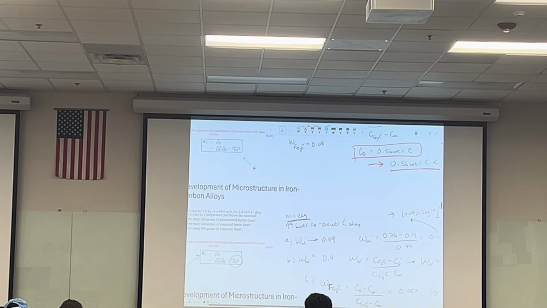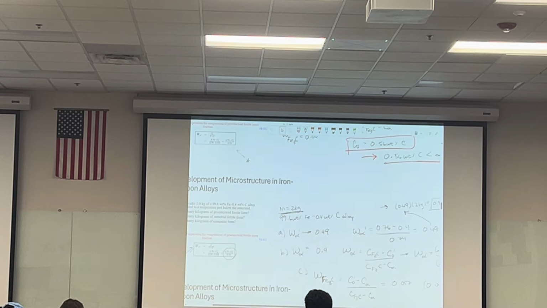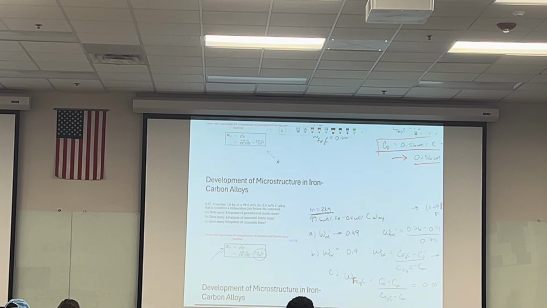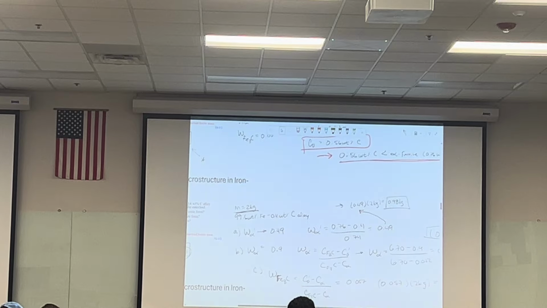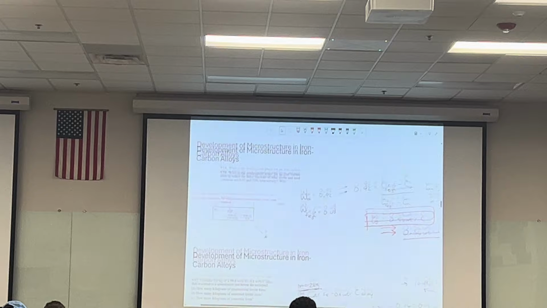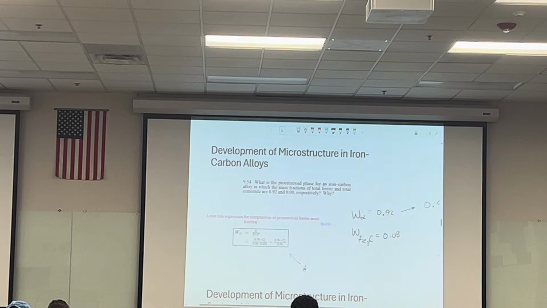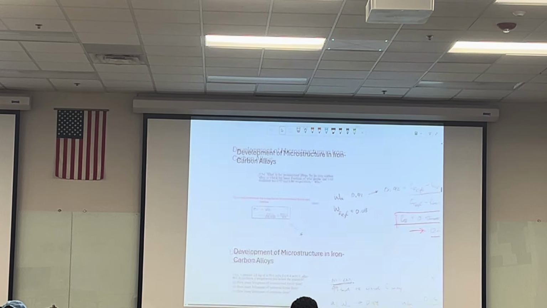So for part A, the first step is you want to determine the mass fraction of the eutectoid ferrite that forms, and that equation should be your W alpha prime equation. So to figure out the eutectoid ferrite mass fraction, you use this formula here.